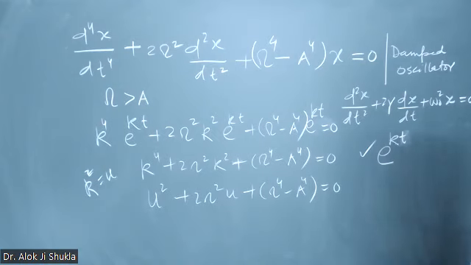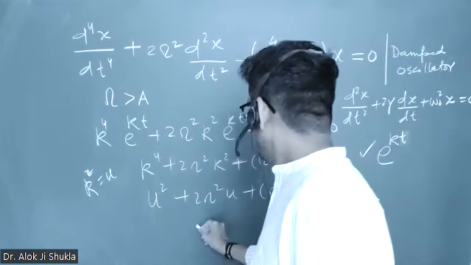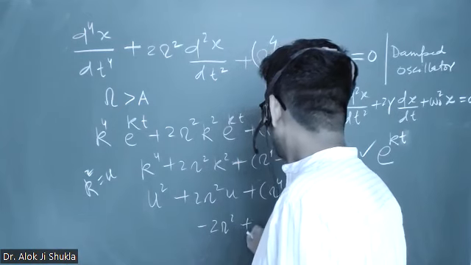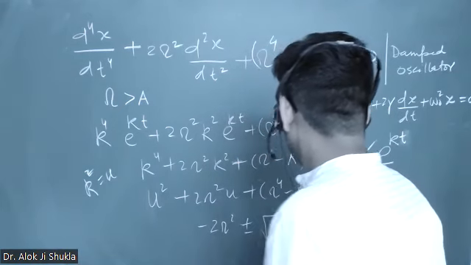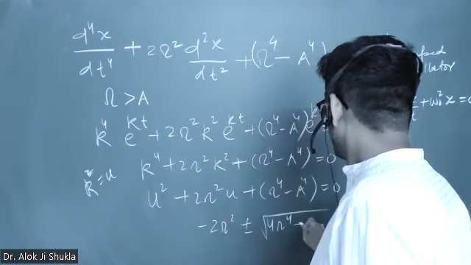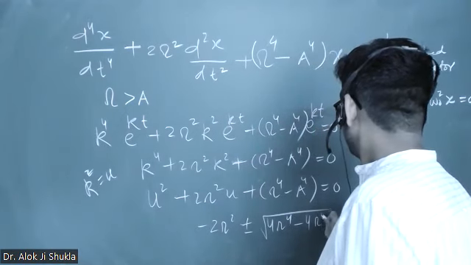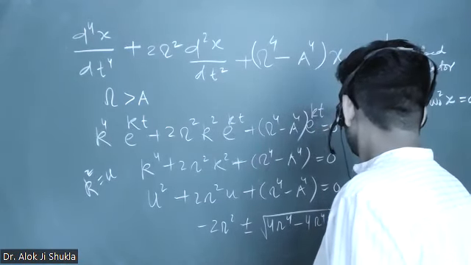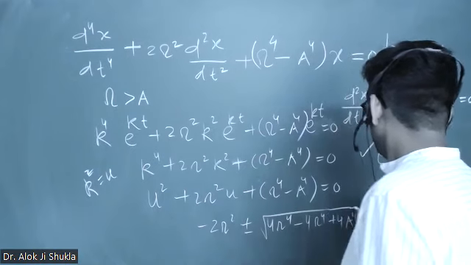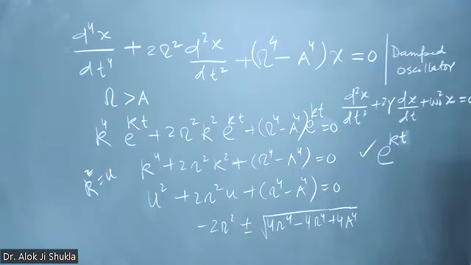So minus b plus minus under root b square minus 4ac upon 2a. Check, is it written correctly?